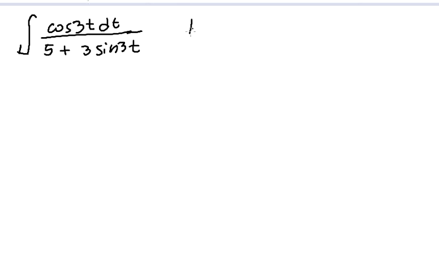So let us let this denominator be u. So we have u as 5 plus 3 sine 3t, and then let us find the derivative of this function.